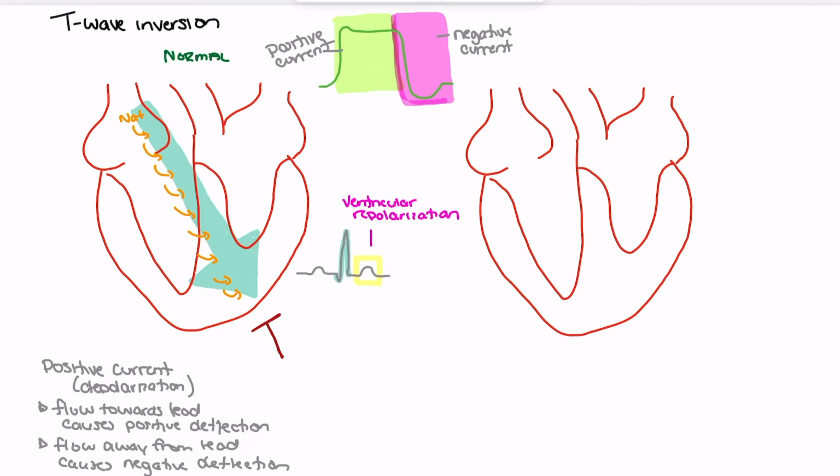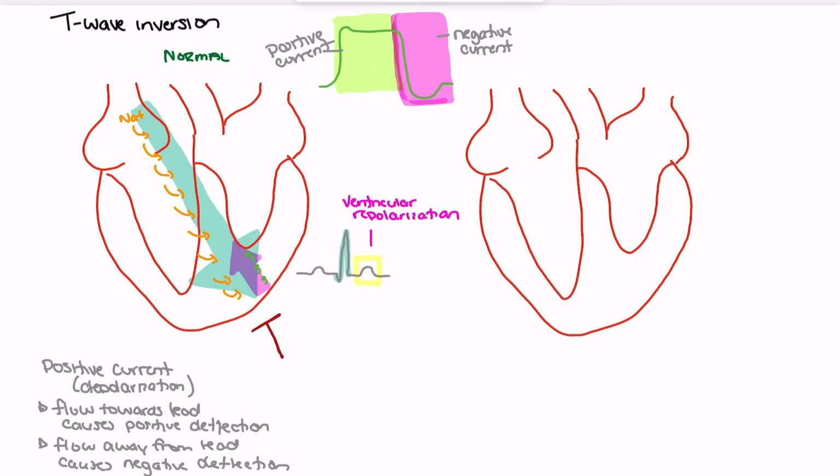As the ventricle is repolarizing, we typically see the flow of negative current away from the lead that we're positioned at, and that's why we see a positive deflection in our T wave. This is represented by potassium exiting the cell in an attempt to make things more negative. So we're seeing repolarization, with the negative flow of current away from the lead, and that will create a positive deflection.